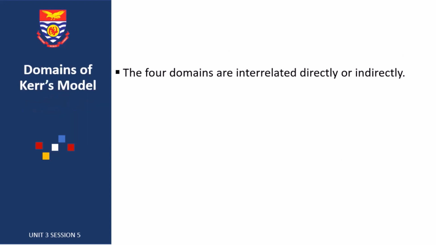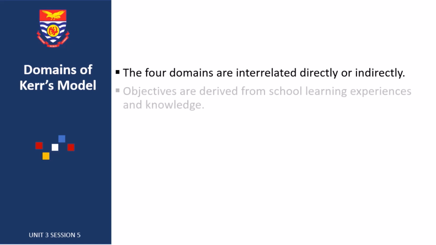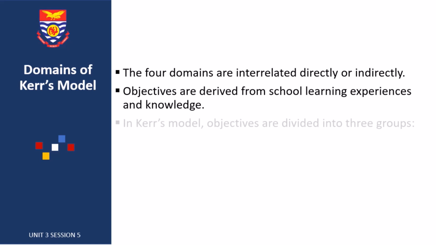Now, let's look at the domains. We saw that the domains are interrelated either directly or indirectly. And to Kerr, objectives are derived from school learning experiences and knowledge. So from the school learning experiences, we can derive the objectives of the curriculum.